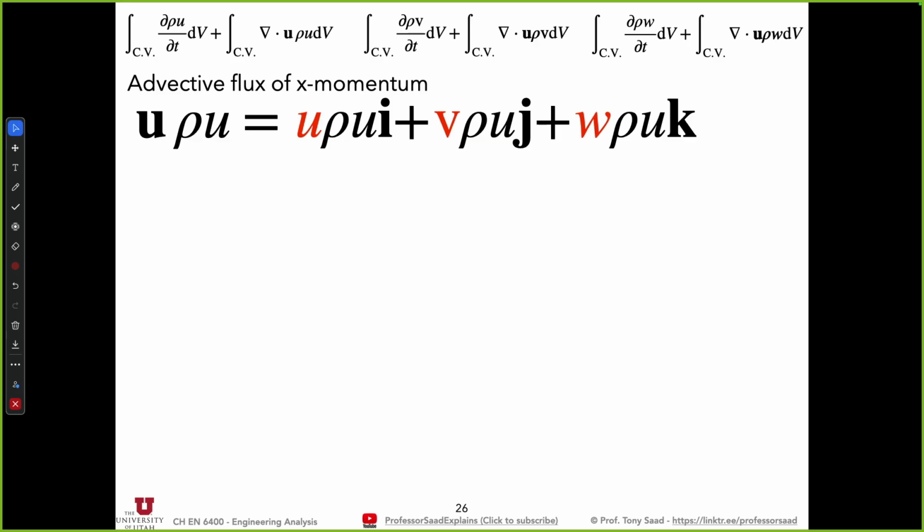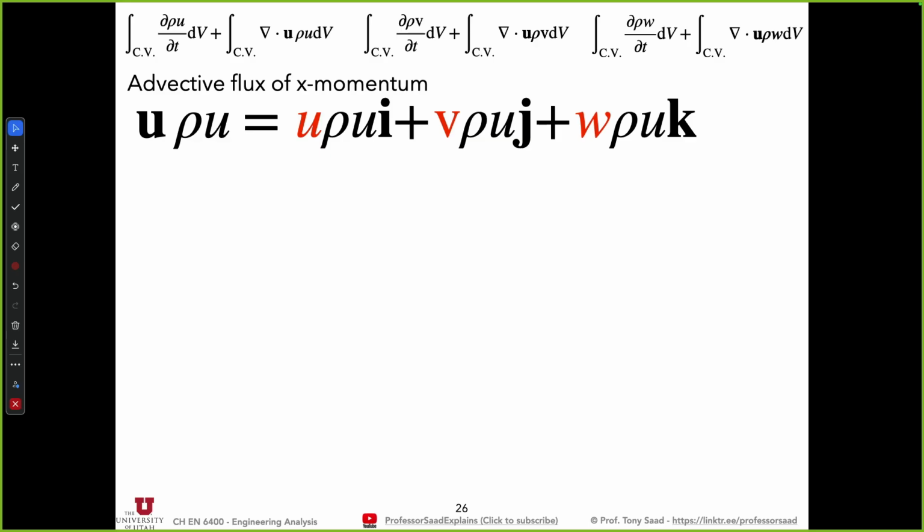But notice I put the advecting velocity field in red, and I kept it before rho u. Some people will rearrange this and write rho u squared plus rho u v plus rho u w. What are you advecting and what is being advected when you write it that way? You don't know. Don't do it that way.